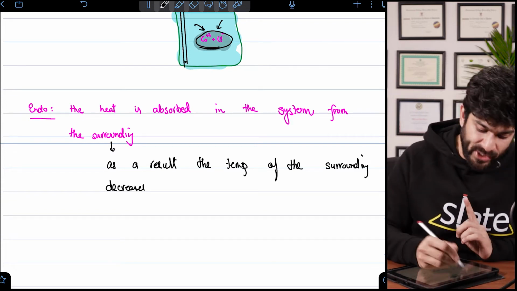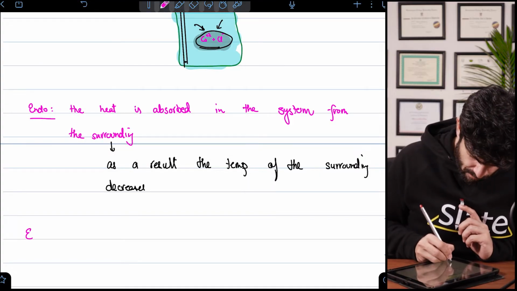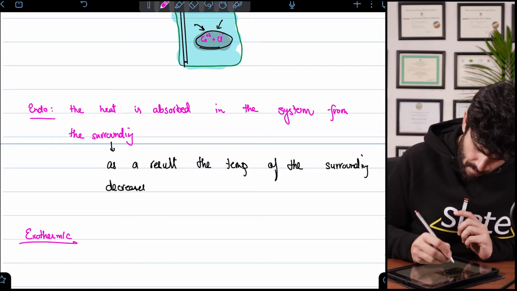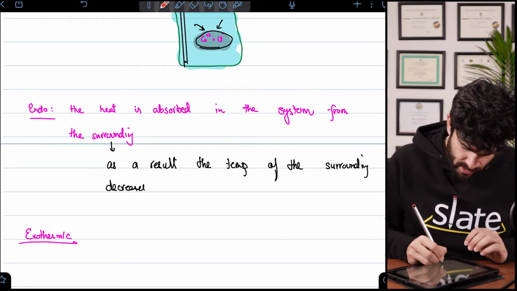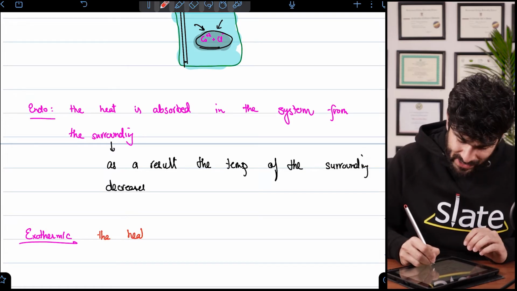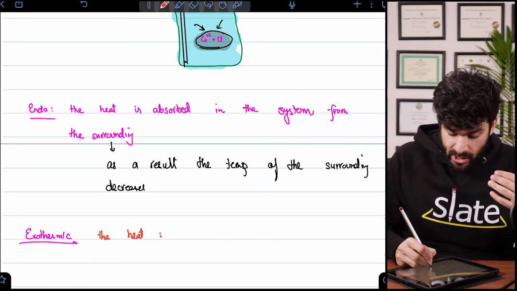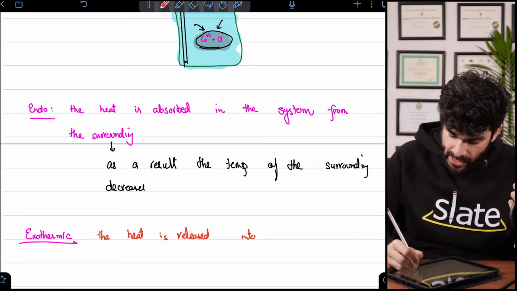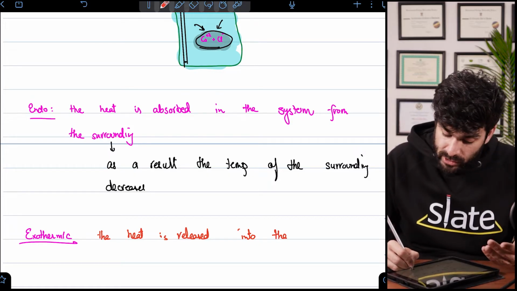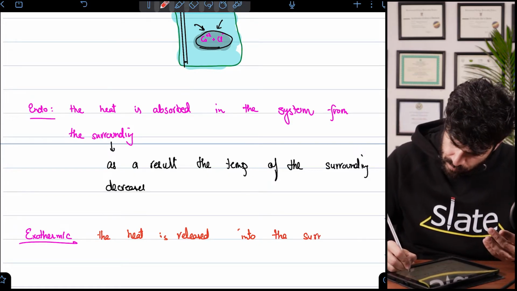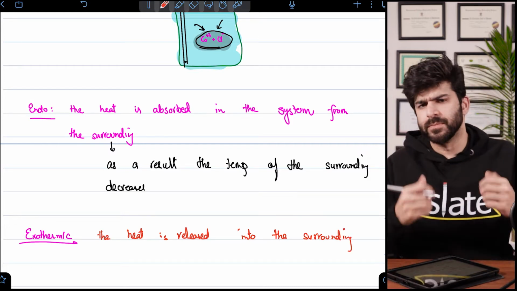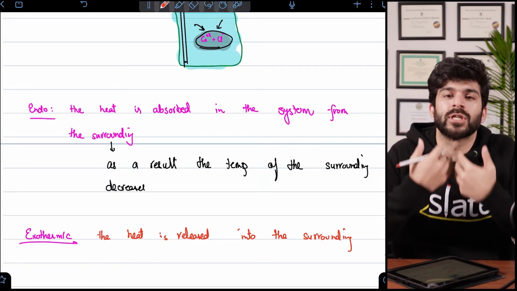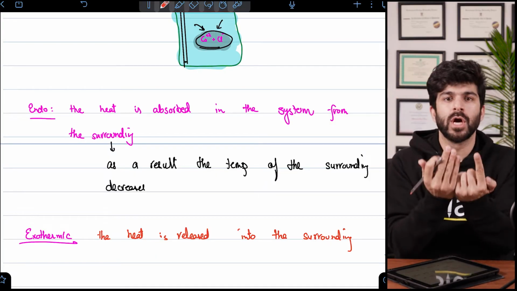And likewise, when we talk about the exothermic reaction, in the case of exothermic, the heat is released into the surrounding by the system. So the temperature of the surrounding will definitely increase. So the temperature of water, in this case the solution, will increase.